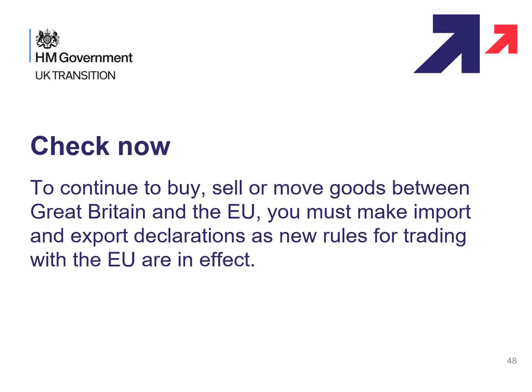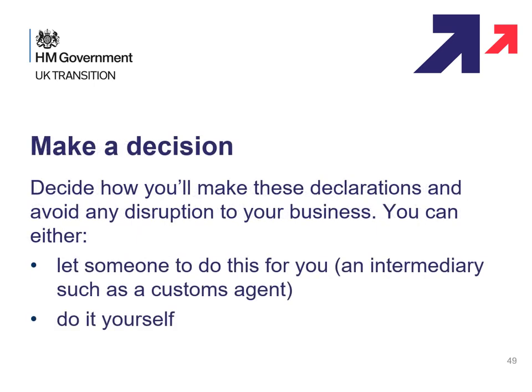If you want to continue to buy, sell or move goods between Great Britain and the EU, you must make import and export declarations as new rules for trading with the EU are in effect. You must decide how you'll make these declarations and avoid any disruption to your business. You can either get someone to do this for you, that's an intermediary such as a customs agent, or do it yourself.